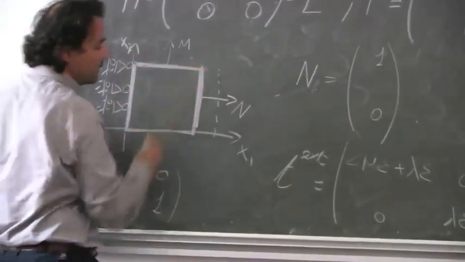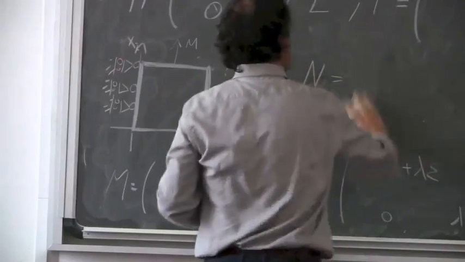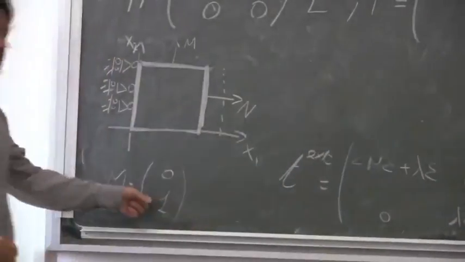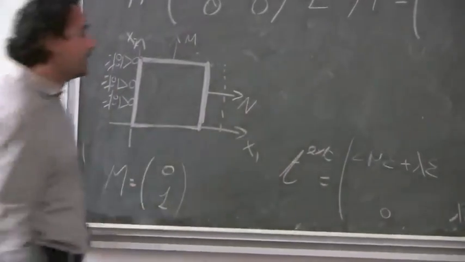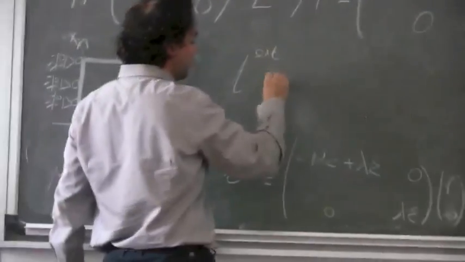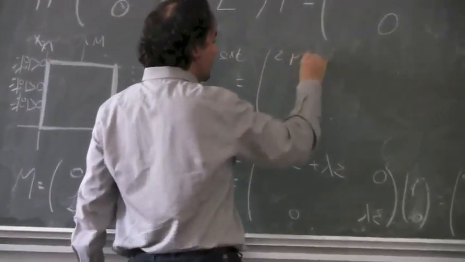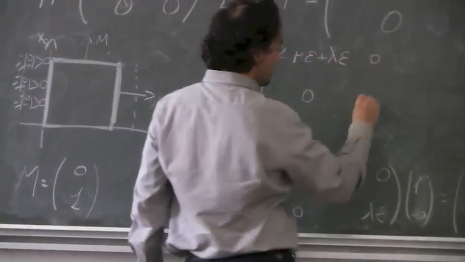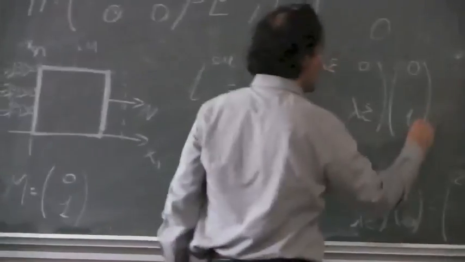In this border, however, I have this normal vector, so the external force is equal to 2 mu epsilon plus lambda epsilon, 0, 0, lambda epsilon, applied to 0, 1.